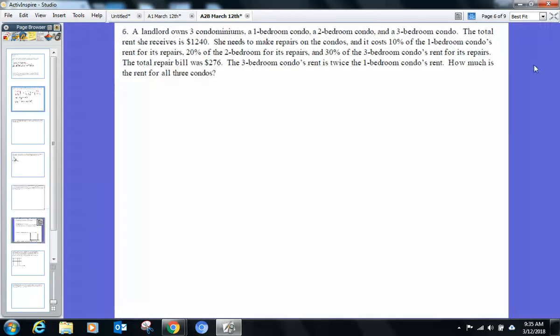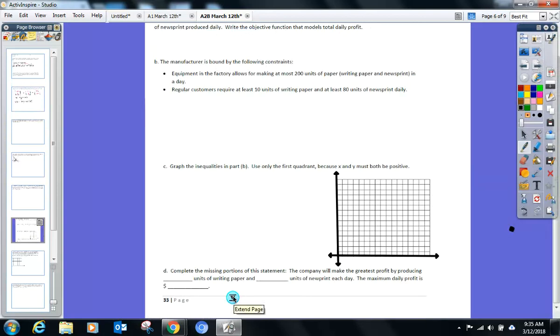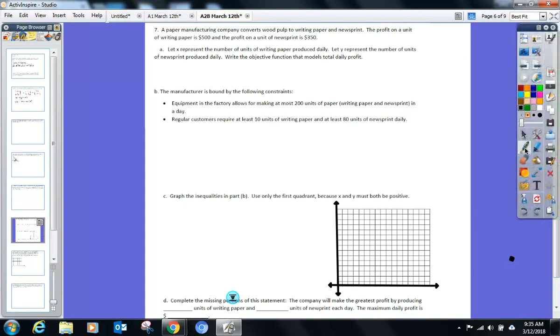All right, let's go to 7. Somebody's ready for tomorrow. Here's a maximization problem. The profit is $500 for writing paper and $350 for newsprint.